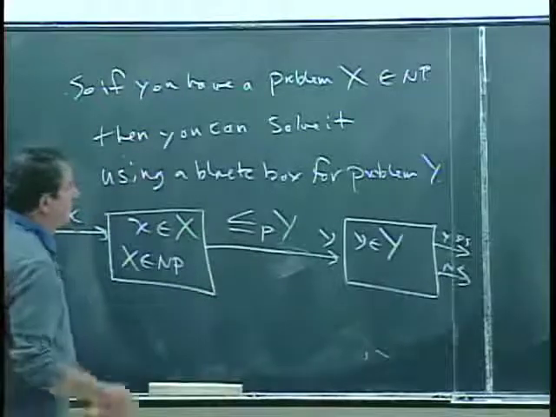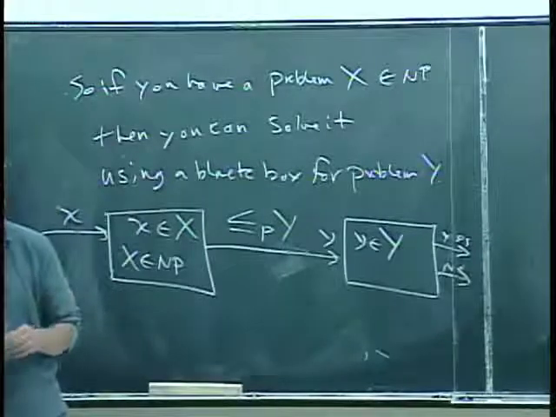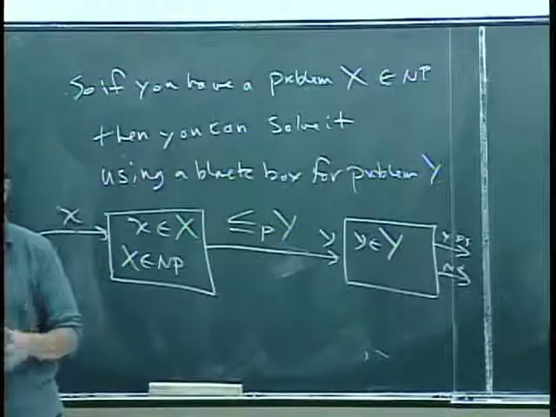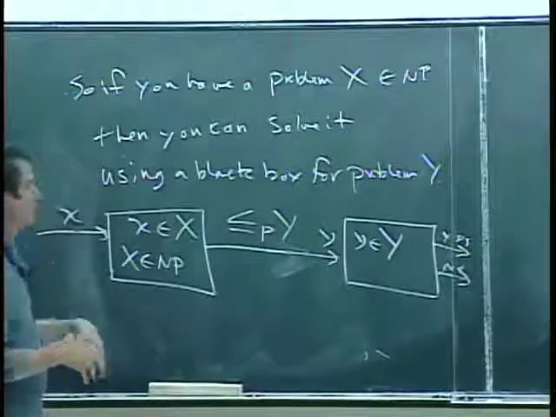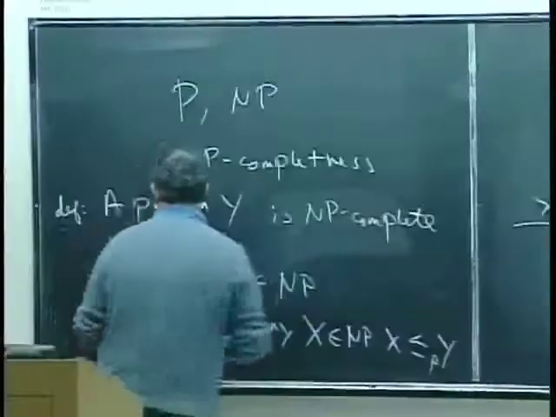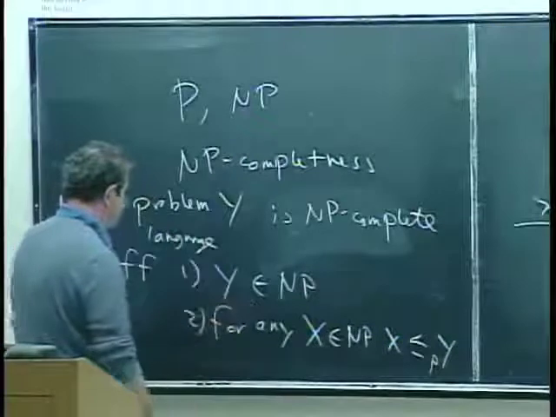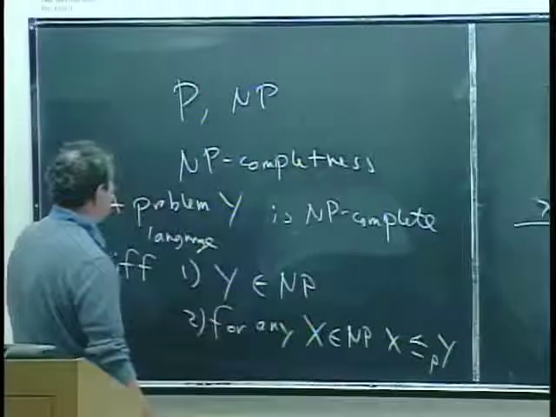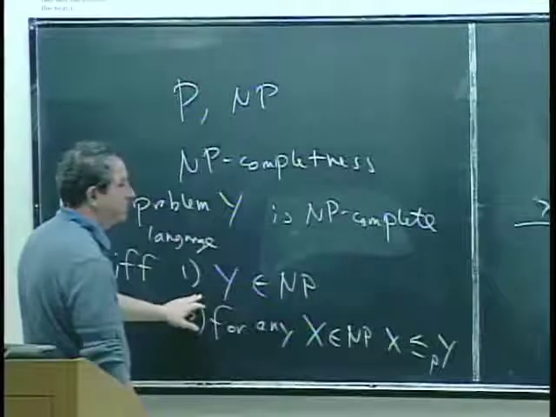So that's sort of the origin of the word complete. You can invent other words for it, but that's where the word complete came from. An NP-complete problem is called complete for NP, complete for the class NP. So this is, so far, just words, but we're getting closer to something that's of some use.